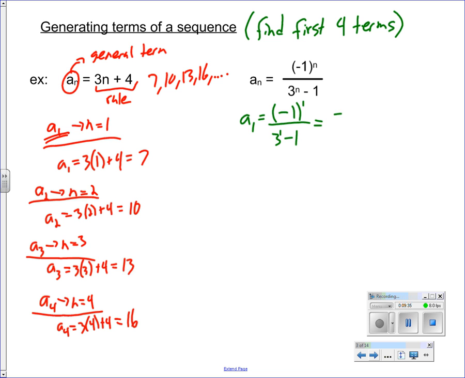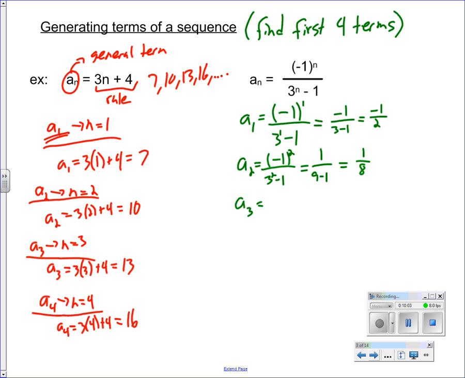That would be -1 over 3 minus 1, -1/2. Alright, find a2, same thing. (-1) squared over 3 squared minus 1. That'd be a positive 1 over 9 minus 1, make positive 1 over 8.